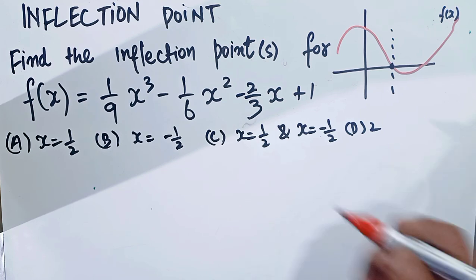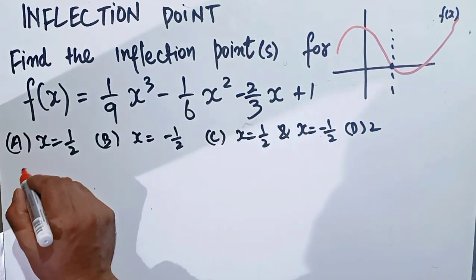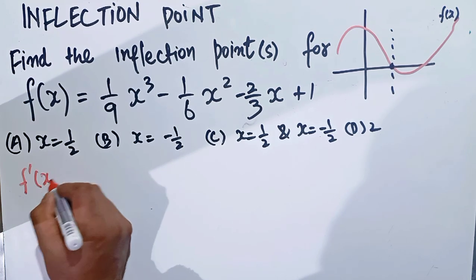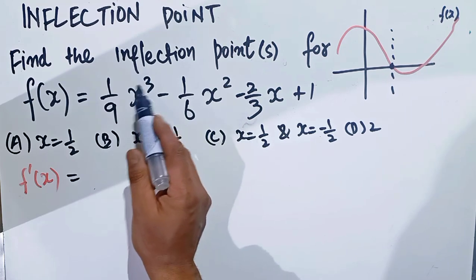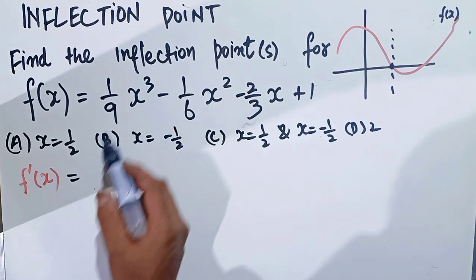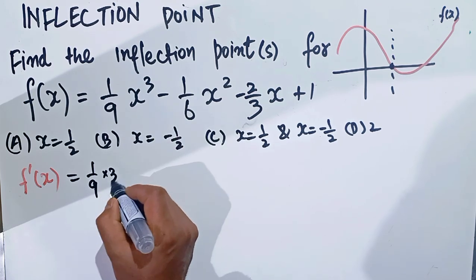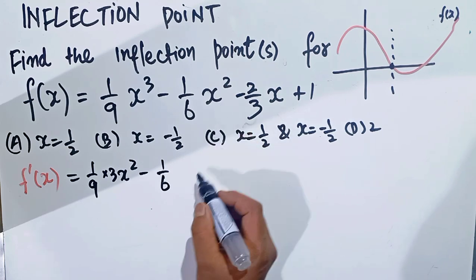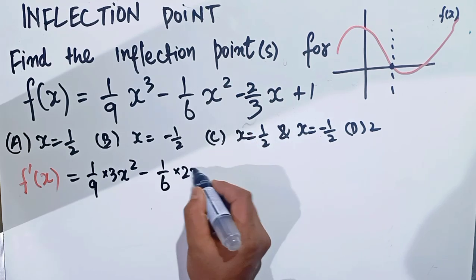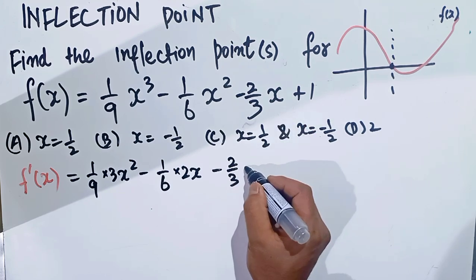And how do we calculate it? Simple. First we take the first derivative of the given function. Let's denote it by f'(x). If I take the first derivative, we have 1/9, the derivative of x cubed is 3x squared, minus 1/6, the derivative of x squared is 2x, minus 2/3, and the derivative of x is 1.